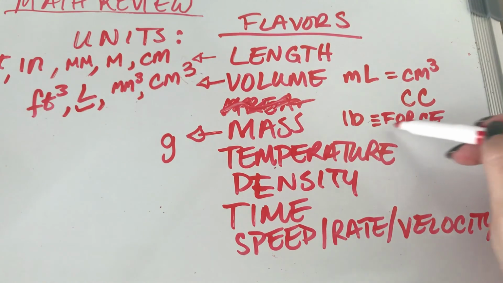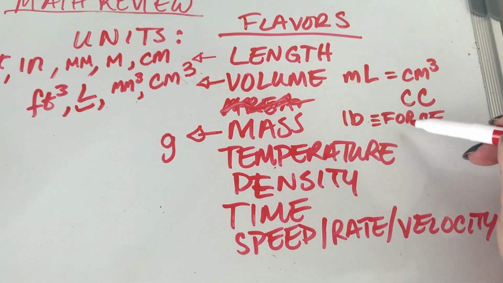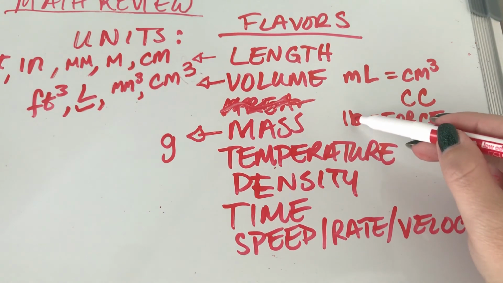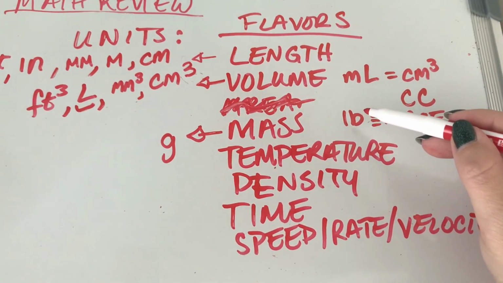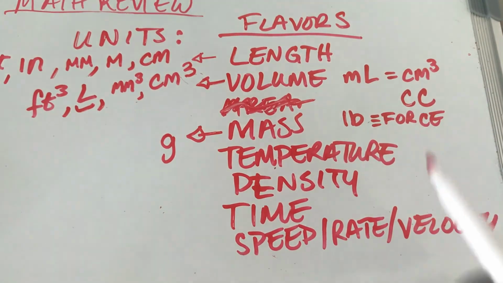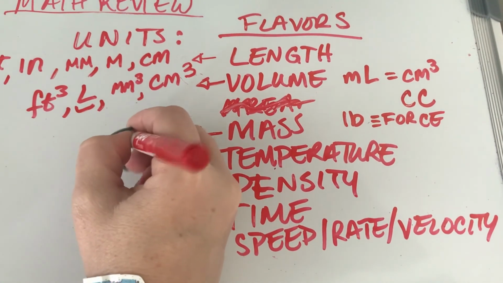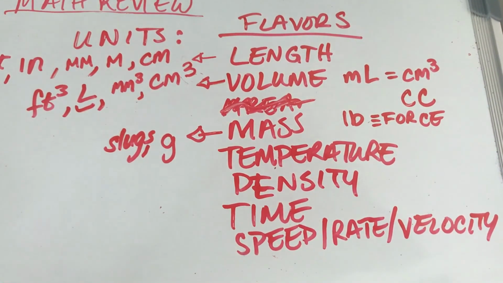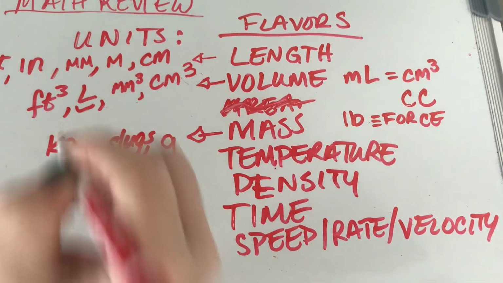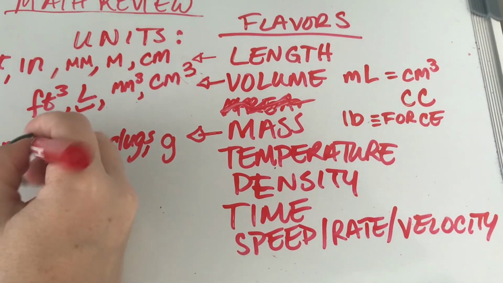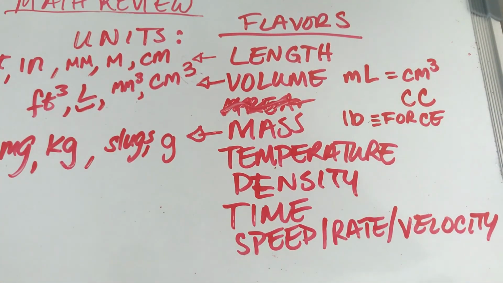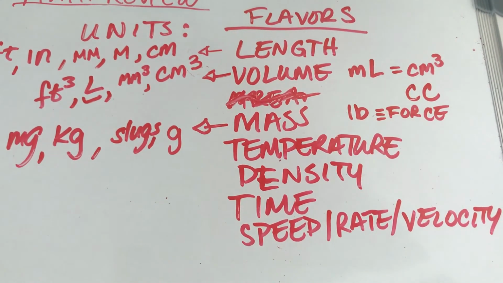So the equivalent metric unit to lbs would be newtons. If you've never taken physics, you have no idea what I'm talking about, that's totally fine. But the stupid American unit for mass is actually a thing called slugs. That's seriously the name. Kilograms. Milligrams, I think somebody said too. So those would all be units of mass.